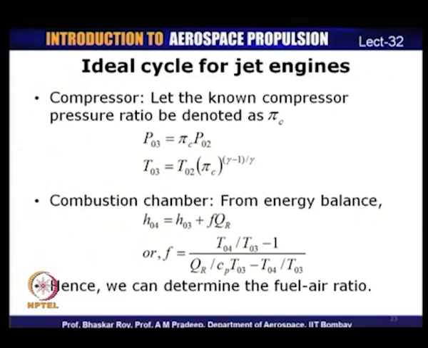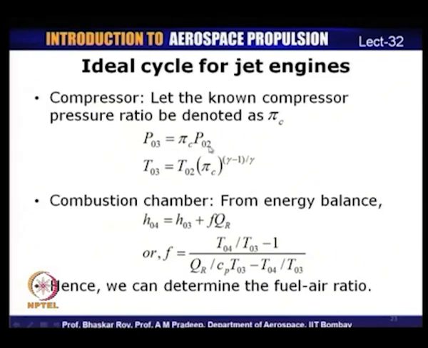The next component is the compressor, and in the compressor we have discussed that the compressor pressure ratio is a known parameter. We shall denote that by the symbol pi_c, where c denotes the compressor, pi is for stagnation pressure ratios. So, if pi_c is fixed, we have P03, which is the compressor exit stagnation pressure, equal to pi_c times P02.